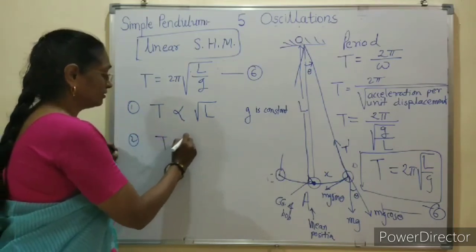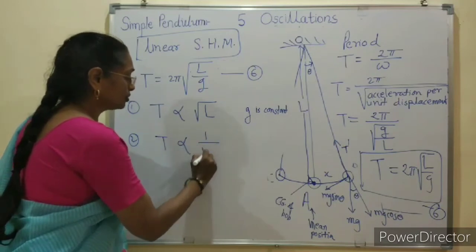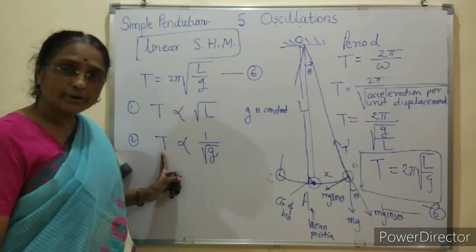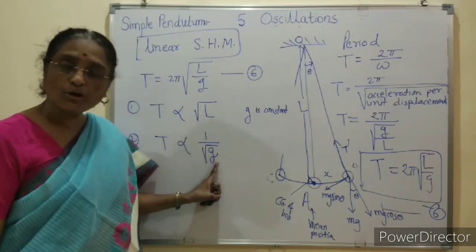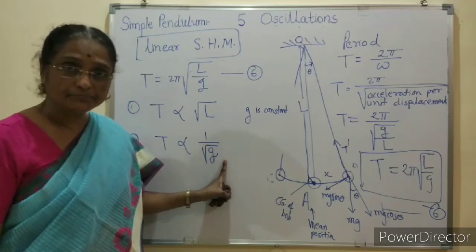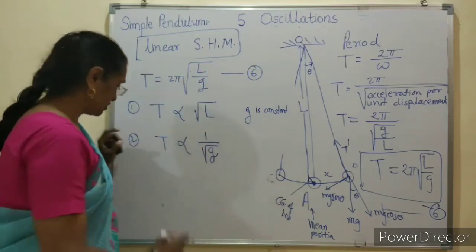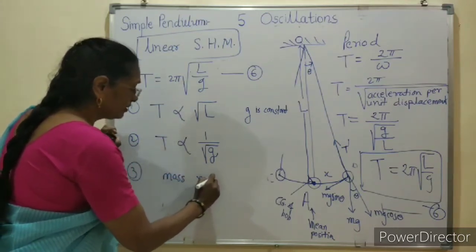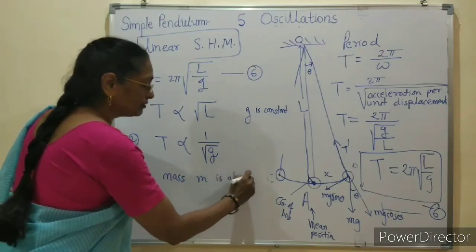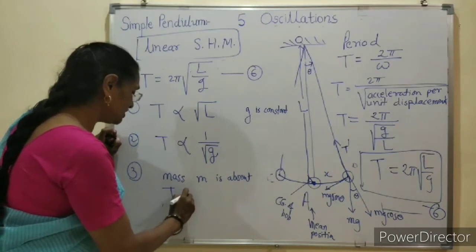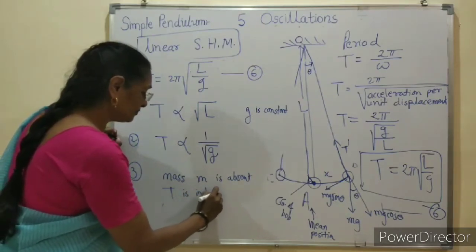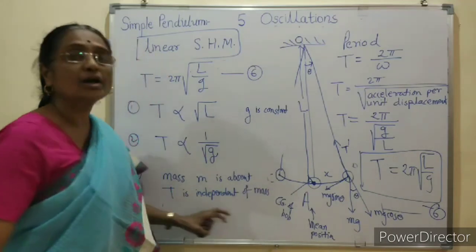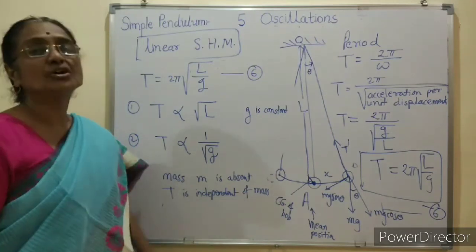Second conclusion is that T is inversely proportional to square root of G. Means period of simple pendulum is inversely proportional to square root of acceleration due to gravity. From this relation we can write. In this relation, mass M is absent. So we can say that T is independent of mass of ball. So this is the third conclusion.